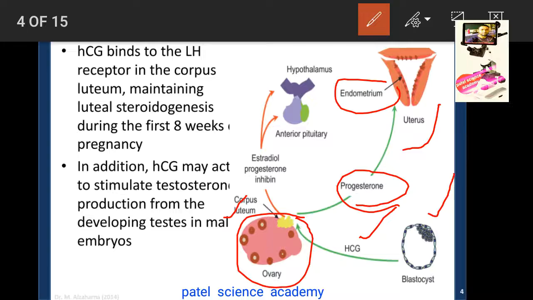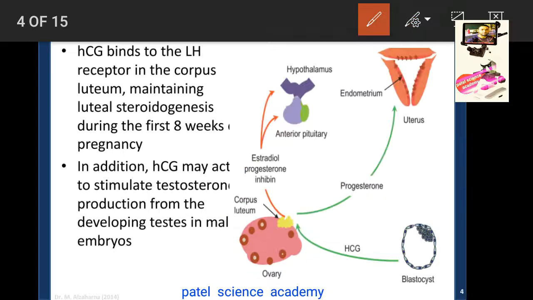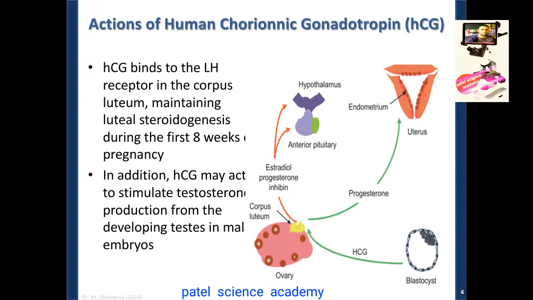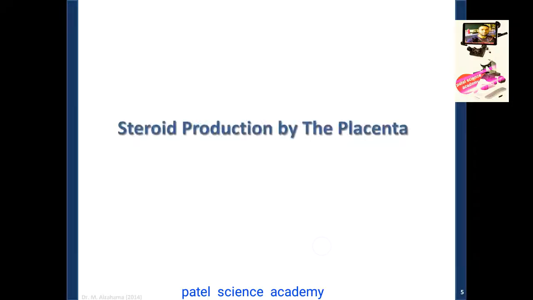Then the estradiol and progesterone levels inhibit the anterior pituitary gland, and the hypothalamus also has a role. We'll see this in detail in the next lecture too. So dear students, this is about the action of hCG, human chorionic gonadotropin.